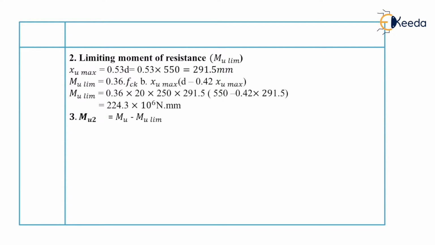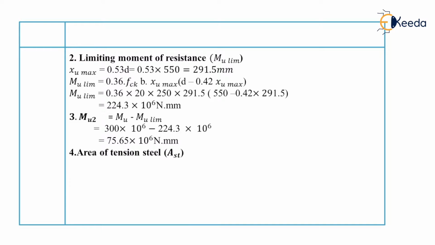So Mu2 is equal to Mu minus Mu limit. Mu is 300 kilonewton meter, Mu limit is 224.3 kilonewton meter. So 300 minus 224.3, which is equal to 75.65 kilonewton meter, or 75.65 into 10 raised to 6 Newton mm. Now we will find out area of steel 1, that is Ast1.